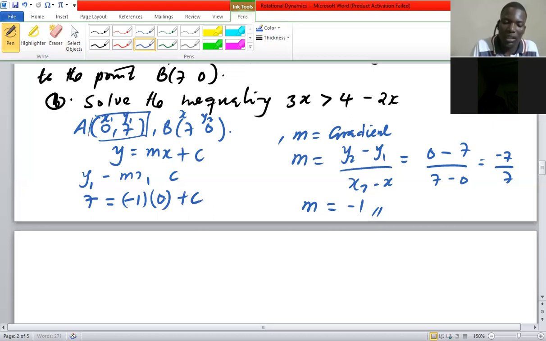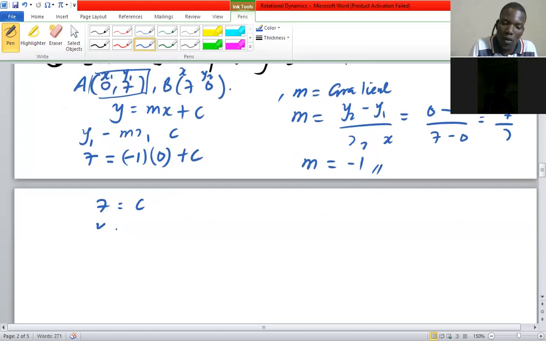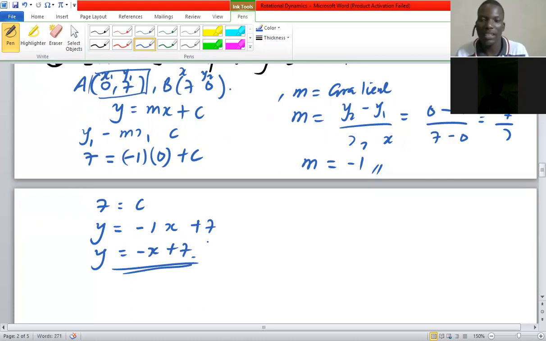Negative 1 times 0 is 0, so 7 is equal to c. So the constant c is 7. Putting in the values, y is equal to negative 1x plus 7, so y equals negative x plus 7. That is the equation of the line.